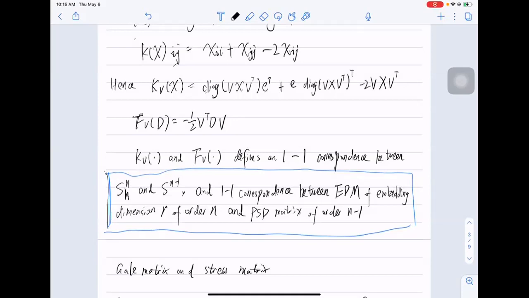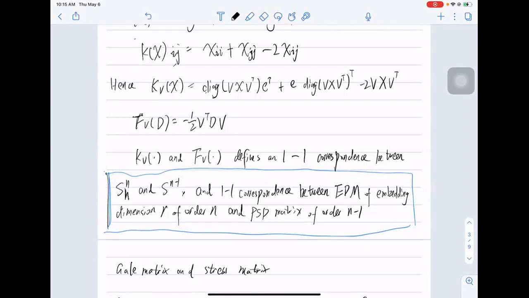So by using these maps, when we study the EDM, we can actually study it in the PSD cone, right? So that's the idea.